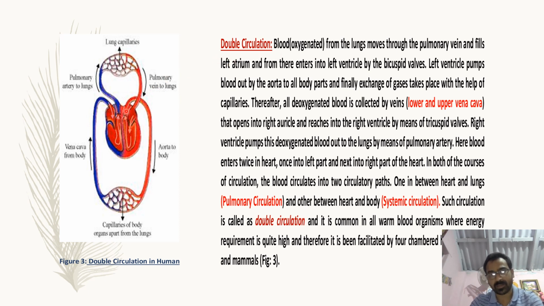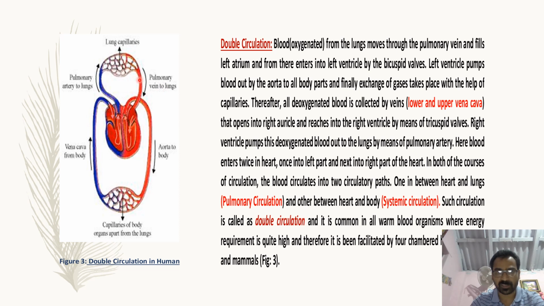You can see in the diagram, this is the lungs, this is the heart, and this is the representation of the cells and tissues of the body. So let us begin here. This is the lungs. The oxygenated blood comes to the left atrium by means of the pulmonary vein.